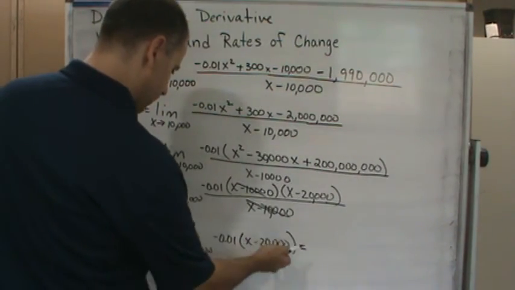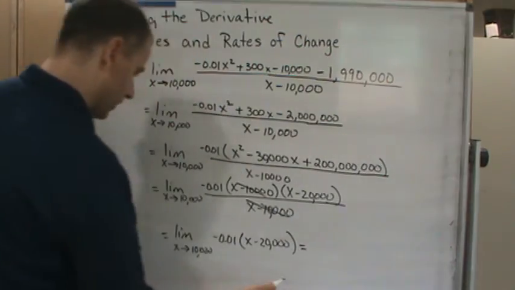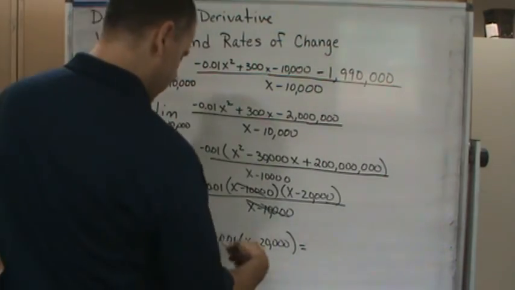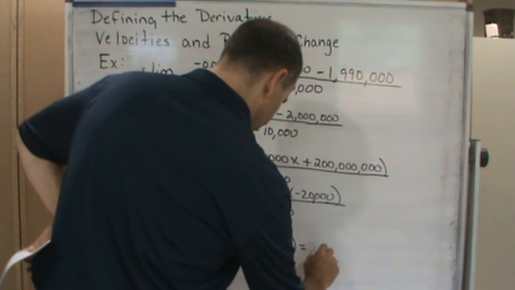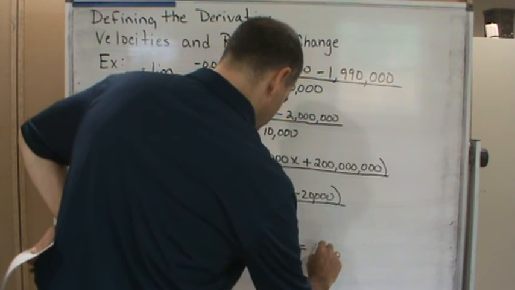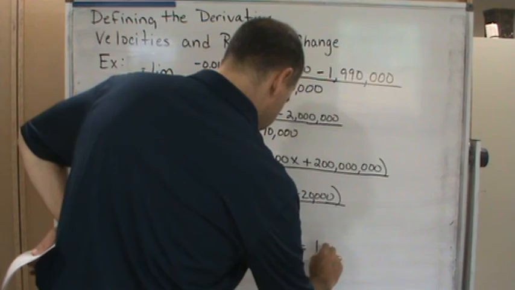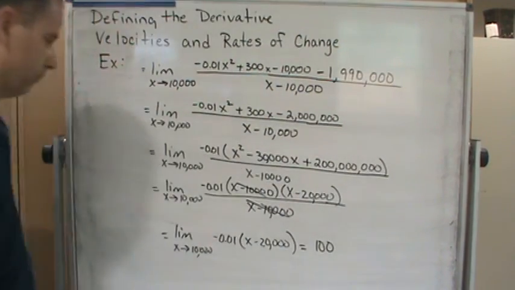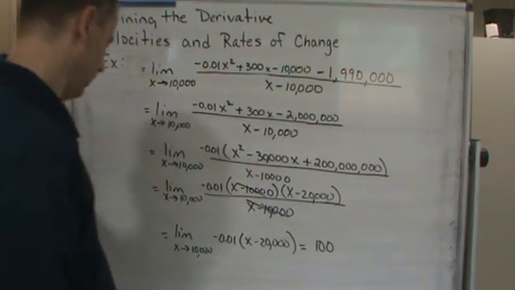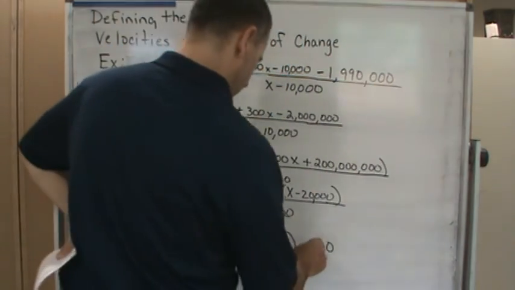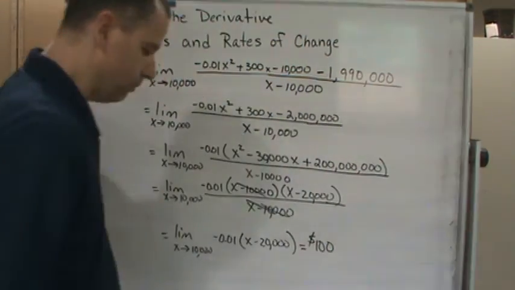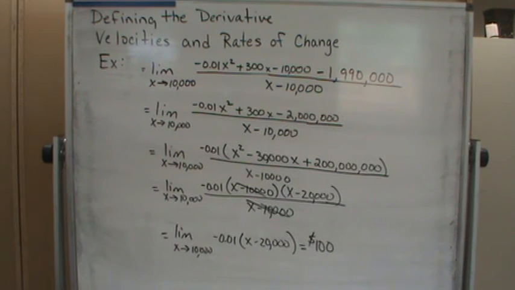So 10,000 minus 20,000 is negative 20,000, or excuse me, negative 10,000. Times negative 0.01 is going to be $100. So the limit is a profit of 100.